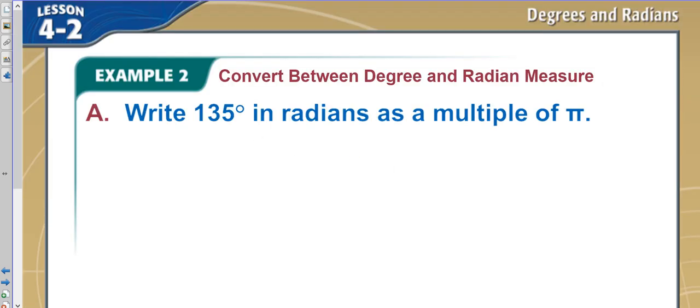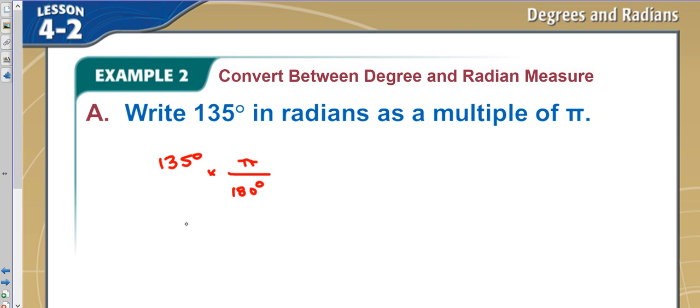So let's now try. It says there's 135 degrees, and write it as radians in multiples of pi. So here's what we do. If I want to cancel out degrees, I divide by degrees. Well, the conversion is 180 degrees per 1 pi radian. So this is the math that we would do.